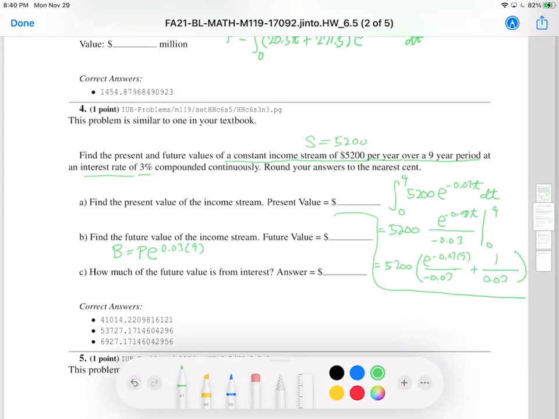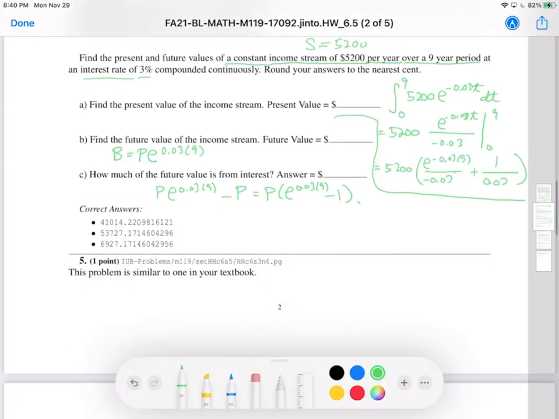So this is just the difference between the result from B and the result from A. So just P e to the 0.03 times 9 minus P from A. So this is just P times e to the 0.03 times 9 minus 1. Okay.